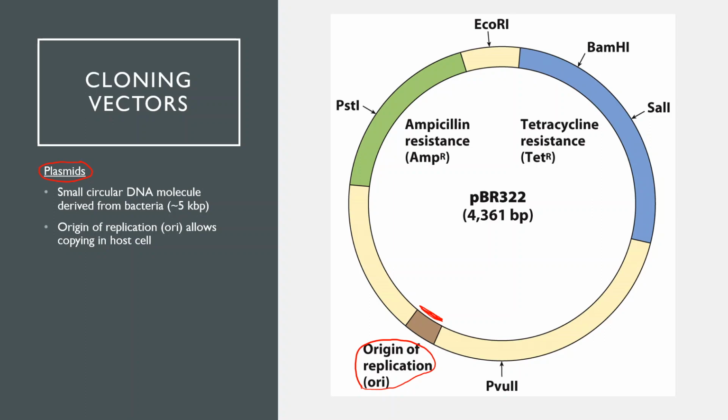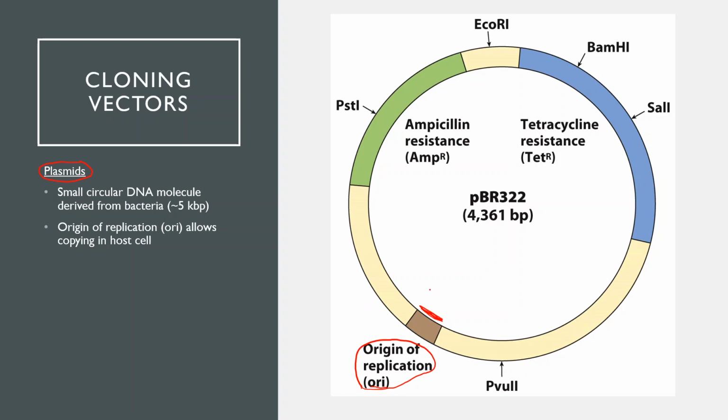But those proteins have to bind to a specific DNA region within the DNA that sort of says this is where you need to start replicating from. So the proteins that replicate DNA won't just start anywhere. They have to start at these specific origin sites, or they're often just called ORI sites.